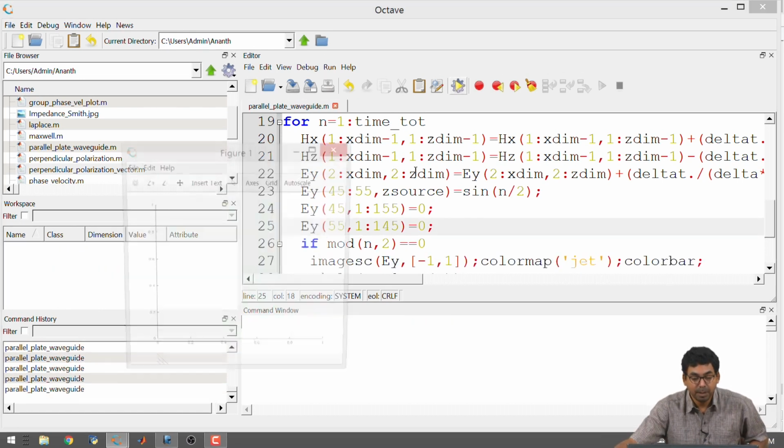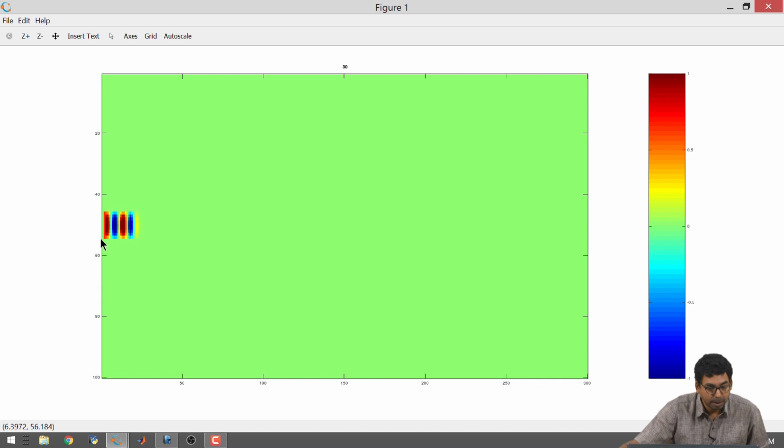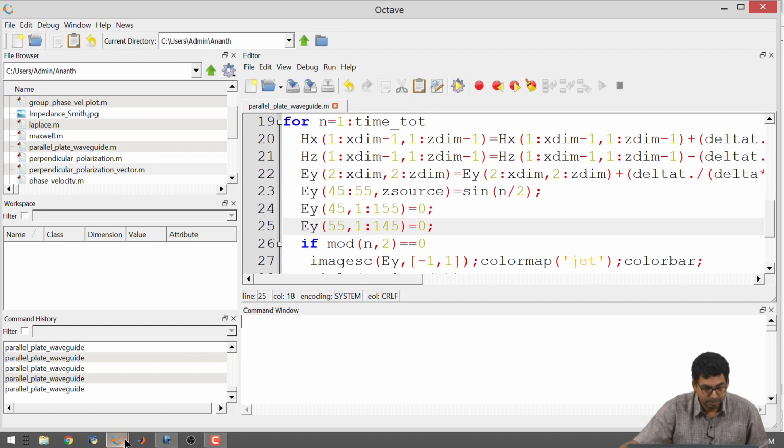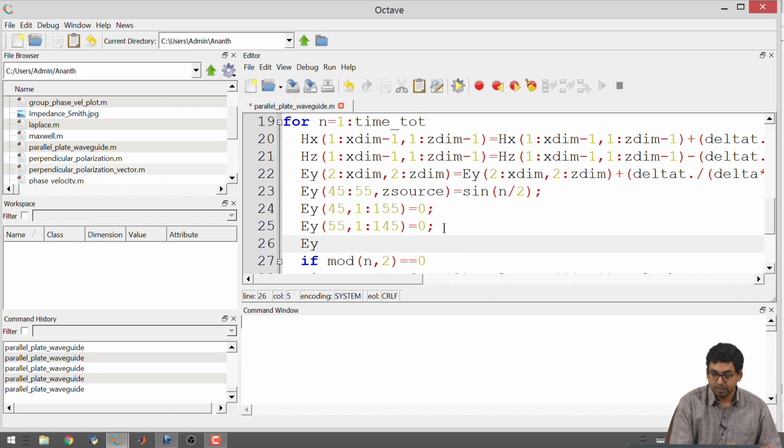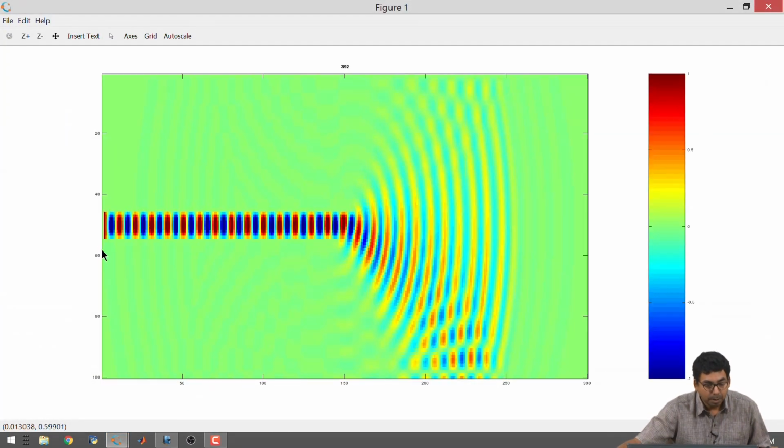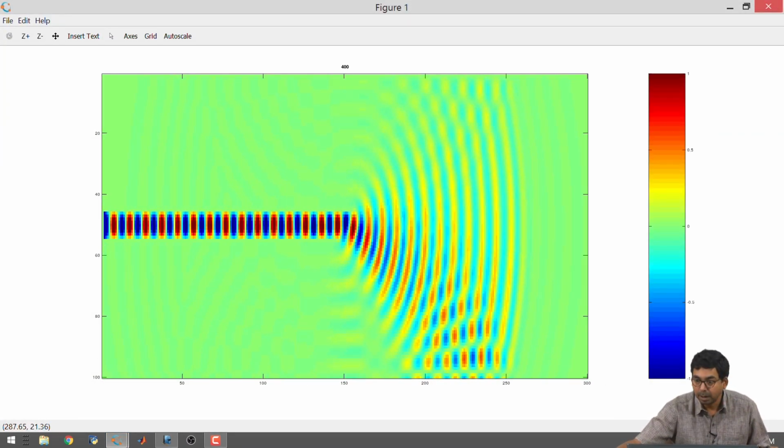Let me just run this briefly, just note down the coordinates where I want 55, 145. Okay. So I'm having 55 to 100. Right?